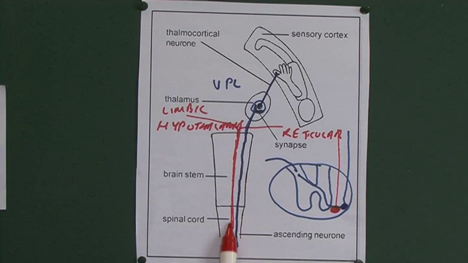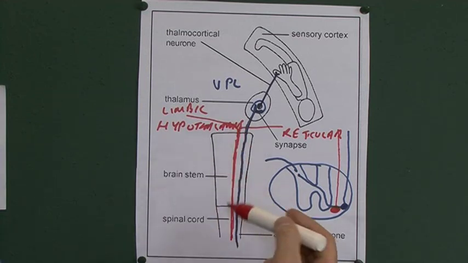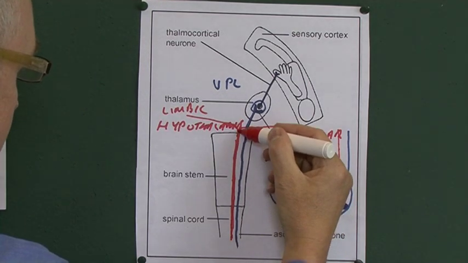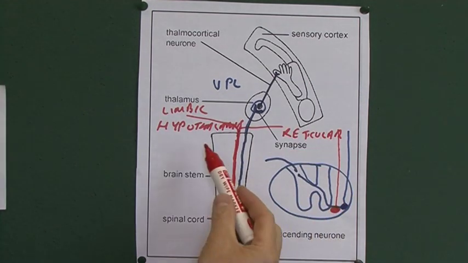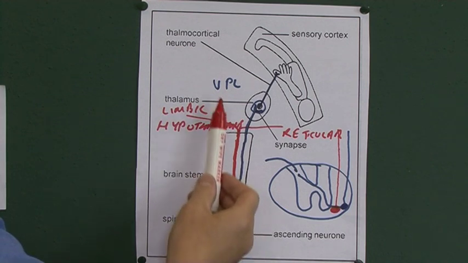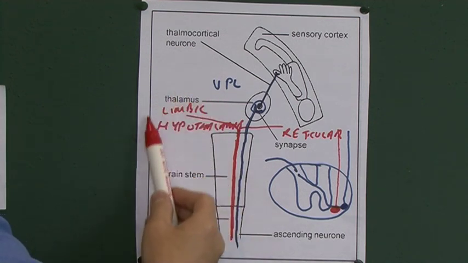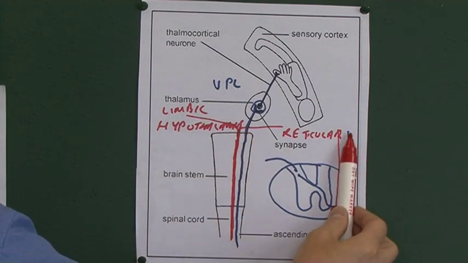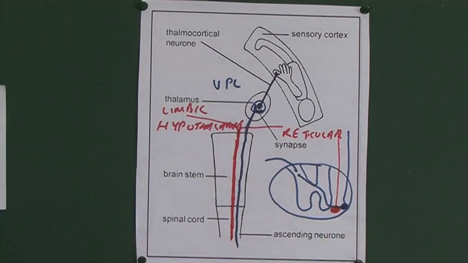So this more medial spinothalamic tract, sometimes called the paleospinothalamic tract, these are going to other areas of the brain, causing distress, causing upset, the patient feels upset, causing wakefulness, and what you might call the suffering aspects of pain.